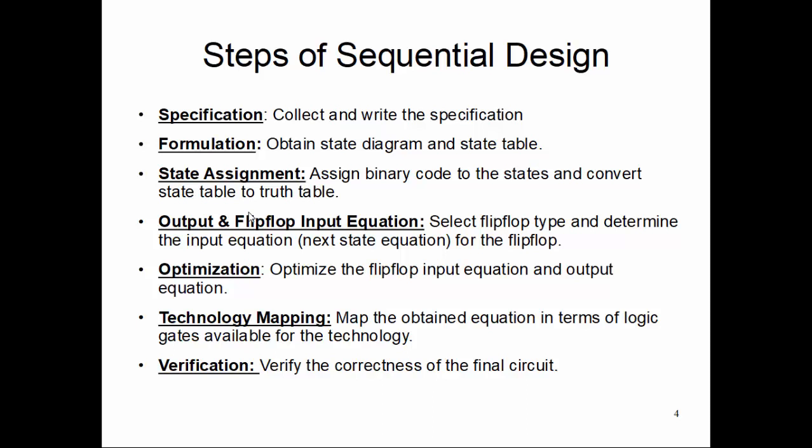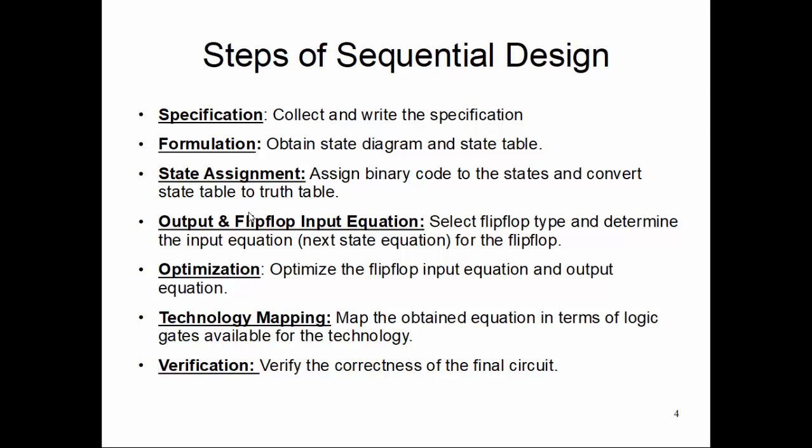Now once we are done with the formulation, the rest of the steps are pretty much defined, pretty much algorithmic. You can follow them step by step, almost blindfolded. So, state assignment, we'll discuss that. It is to assign binary codes to the states and convert the state table to a truth table.